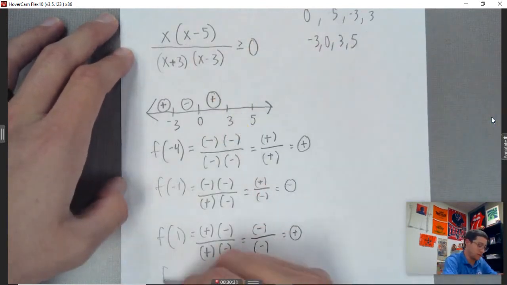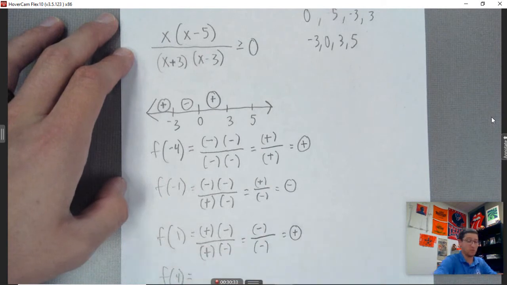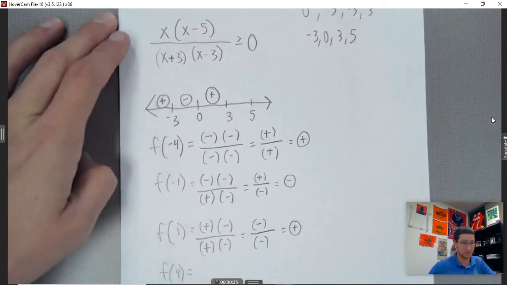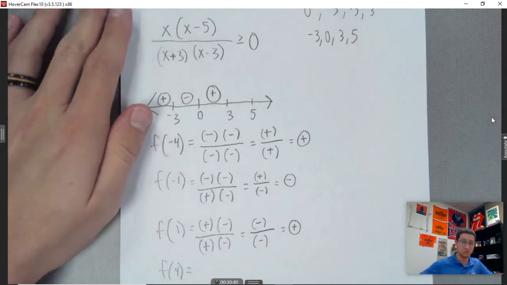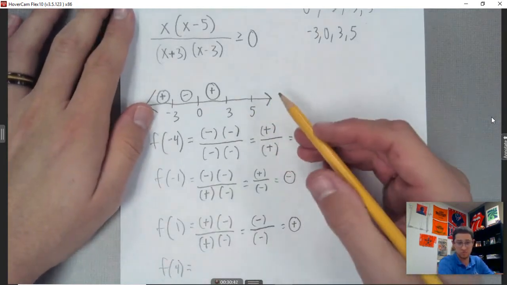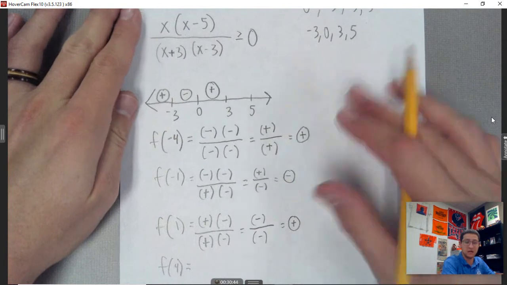In between 3 and 5, you could do 3.5 if you wanted, or you could do like 3.75, whatever, as long as it's in between, but I don't know why you would do that. Pick an easy one. 4 is probably your most basic one there.